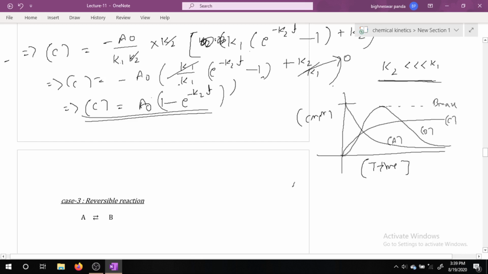This is the graph for this criteria. Okay.